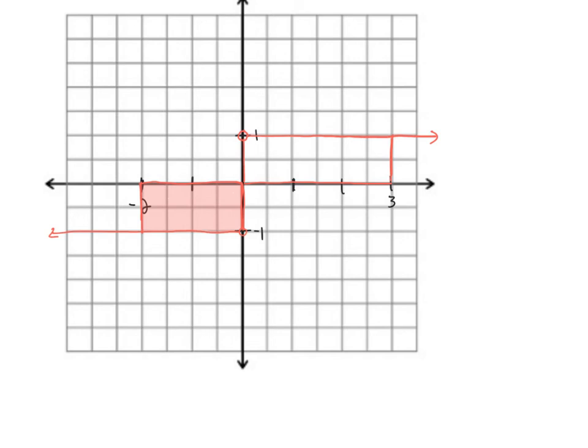Usually when you have points of discontinuity, or at least a jump discontinuity, you'll have two different figures. If there's a hole in the graph, you basically just ignore the hole and find the area under the curve as if the hole was filled in.